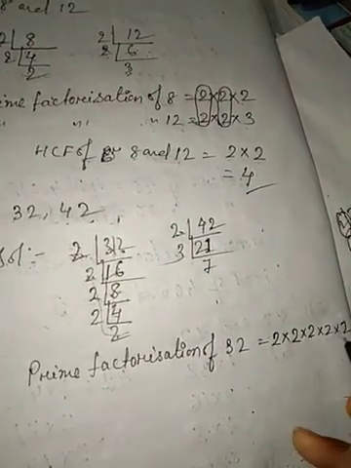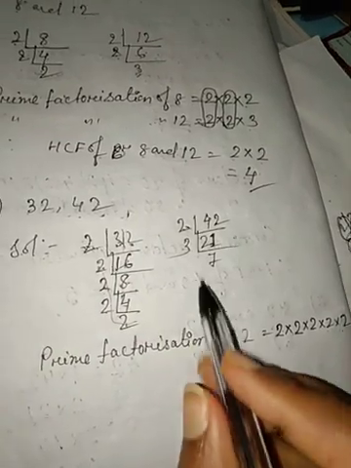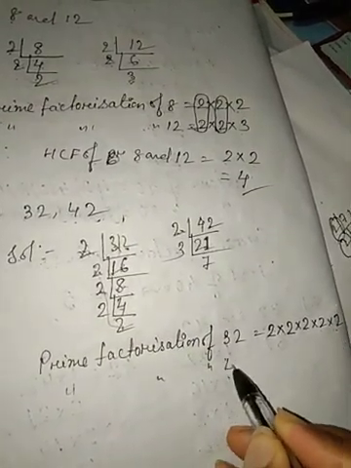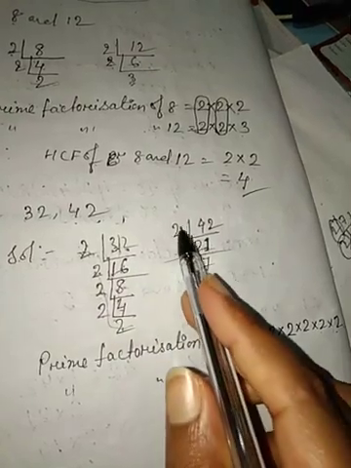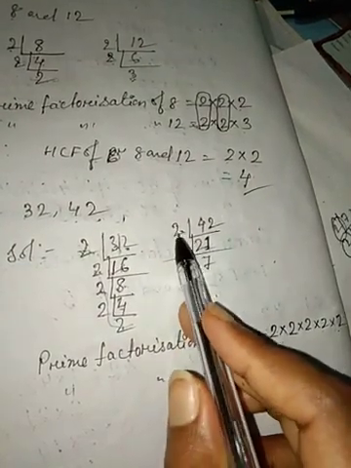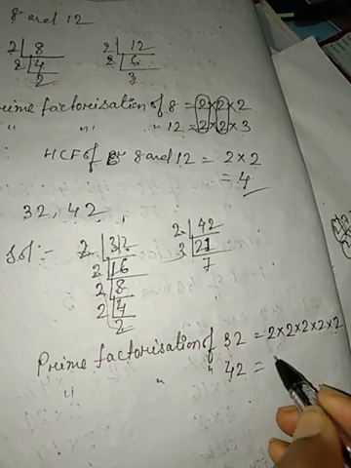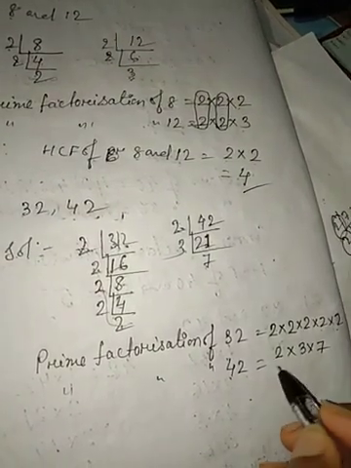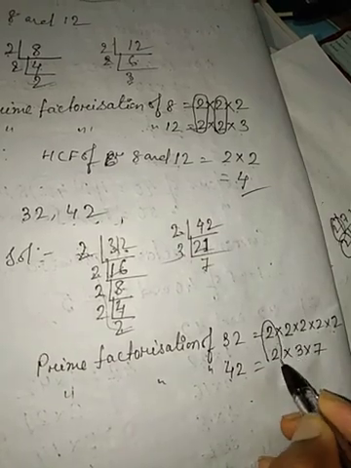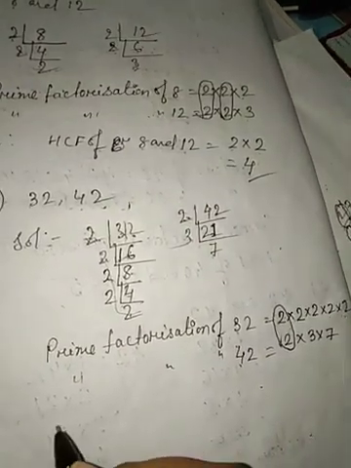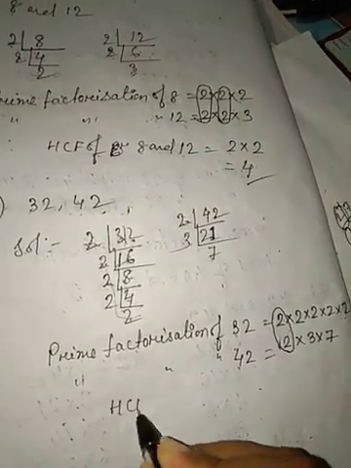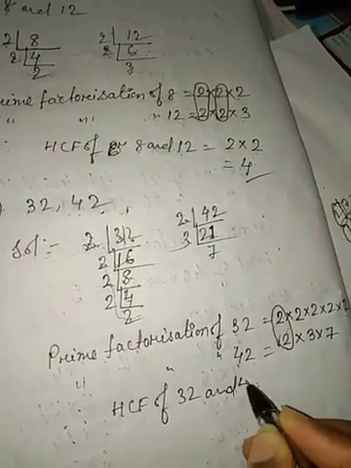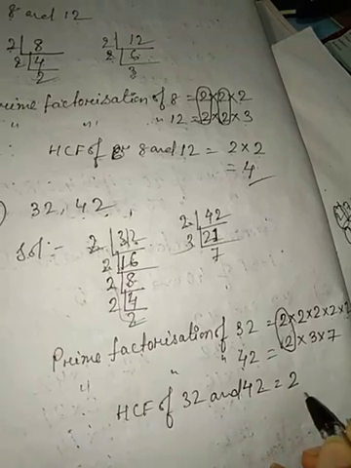There are five 2s here. Next, the prime factorization of 42 is 2 into 3 into 7. Now see, only one 2 is common here. So therefore HCF of 32 and 42 equal to 2.